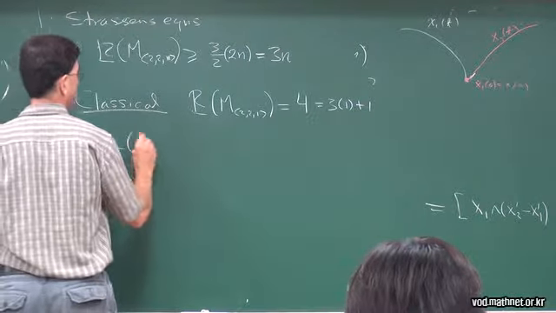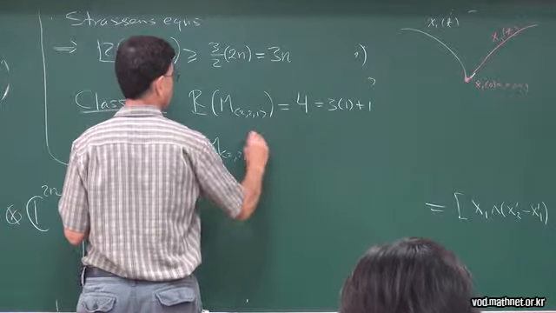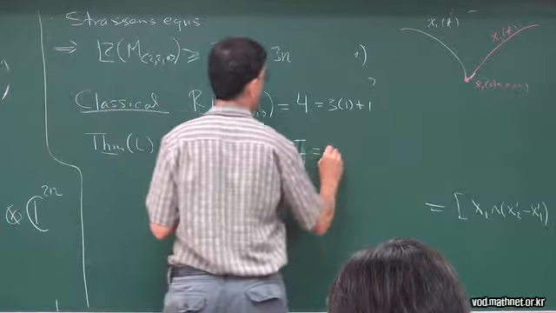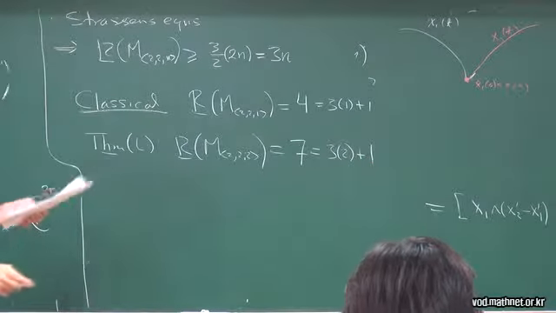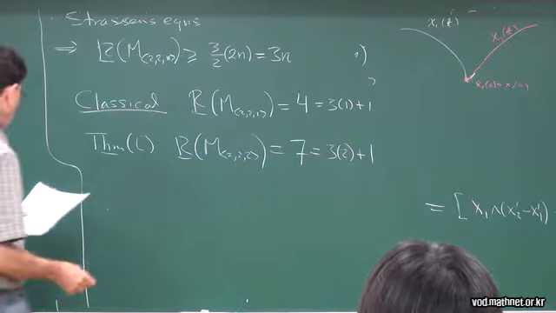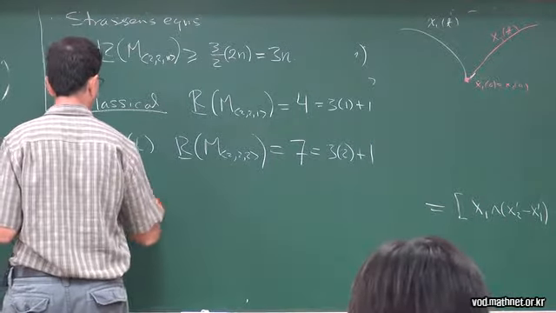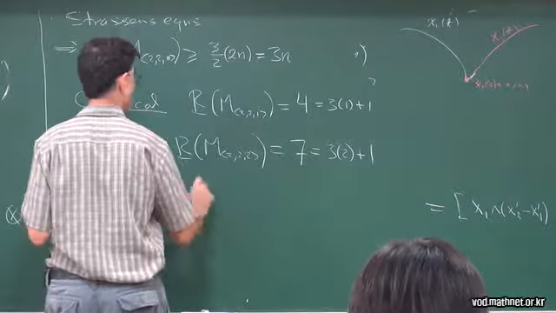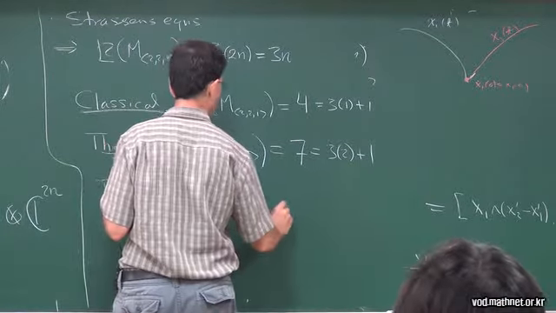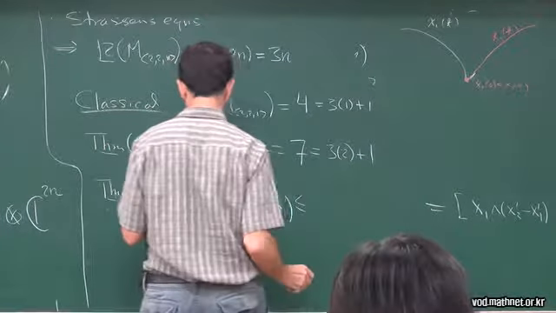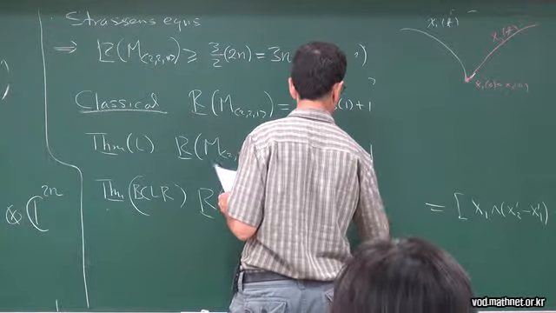I showed that the border rank of 2 by 2 matrix multiplication is 7, which is 3 times 2 plus 1. Bini, Capovani, Lotti, Romani show that the border rank of M2 to 3 is at most 10, which is 3 times 3 plus 1.